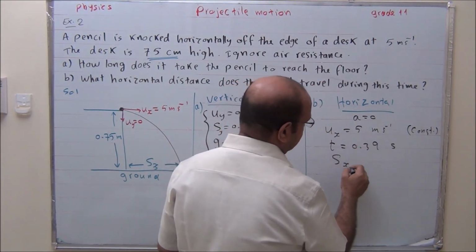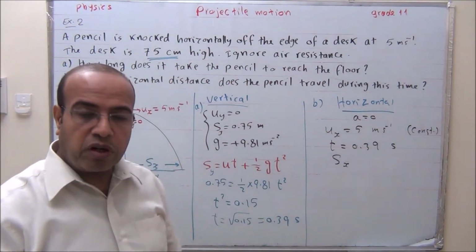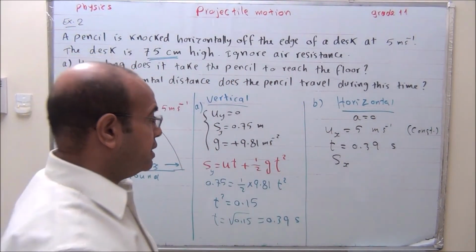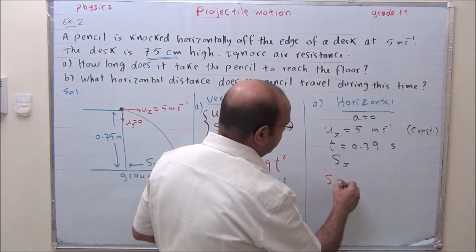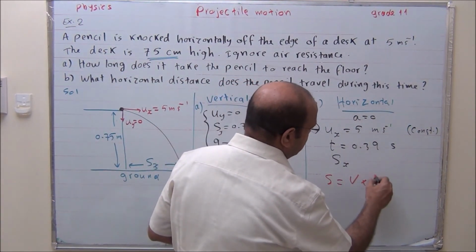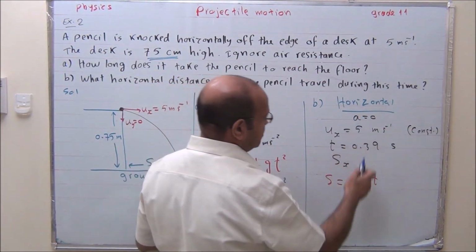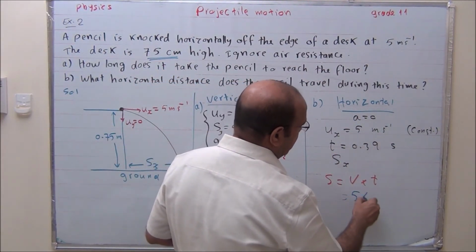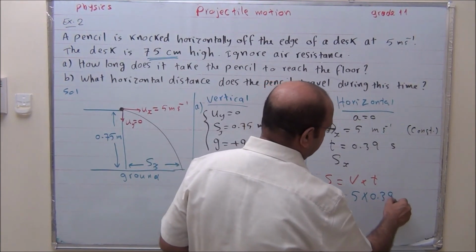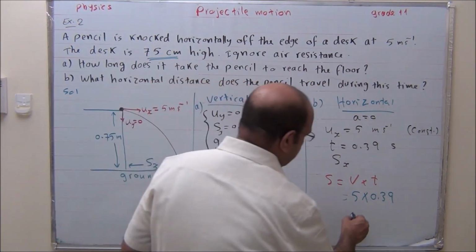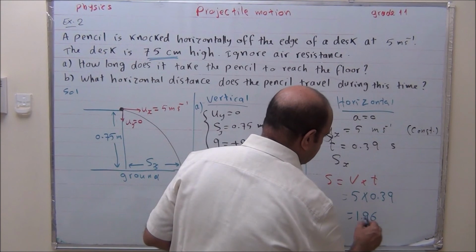What is required? We need S. Which formula do we use to get S? Just this formula, S equals V multiplied by T. V is 5, and the time is 0.39, equals 1.96.